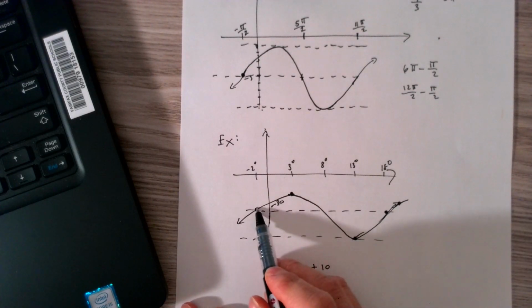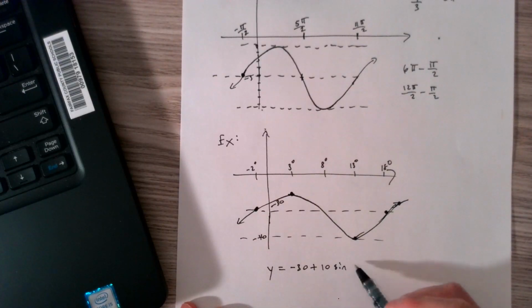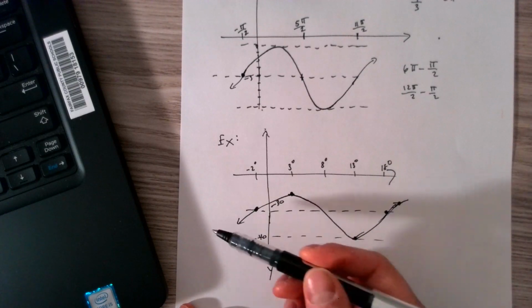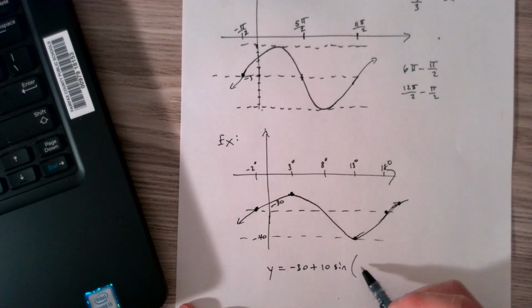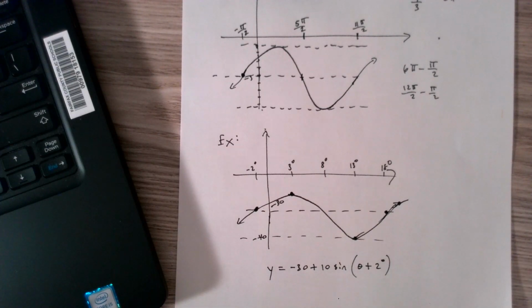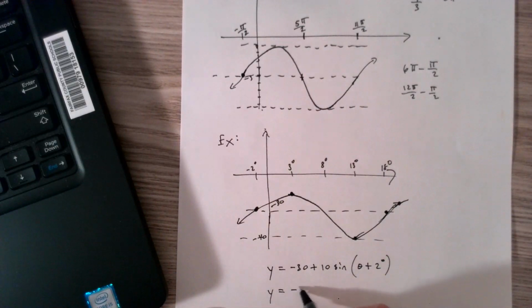So if I express it as a sine function, this is my starting point, which means my parent has been shifted 2 degrees to the left. So I need theta plus 2 degrees there. If you want to express it as a cosine function, I have not moved the graph at all, so the vertical shift is the same, the amplitude is the same.